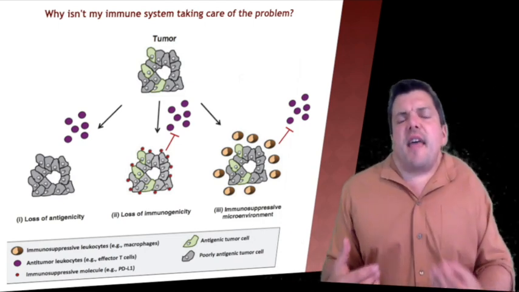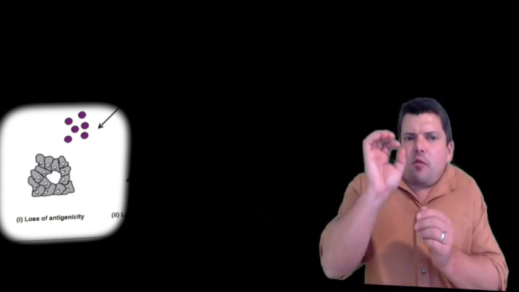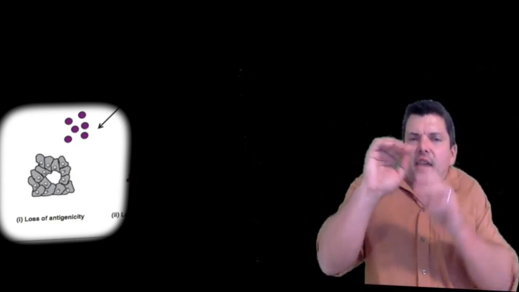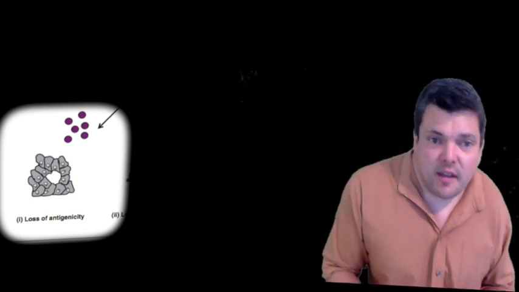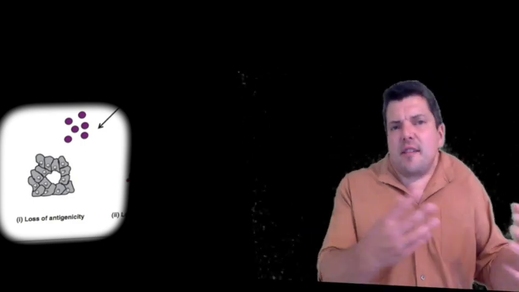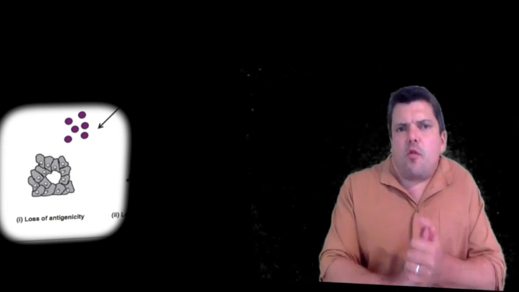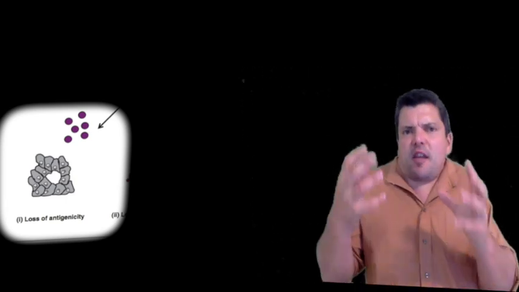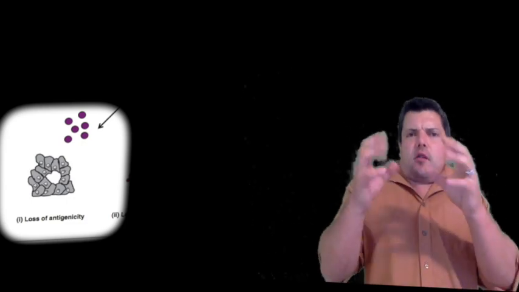So, is that a result of the cancer itself not producing proteins on its cell surface that the immune system can recognize? That's called loss of antigenicity. There's just no proteins that white blood cells, lymphocytes, neutrophils can bind to say, you should not be here, kill, kill, kill.